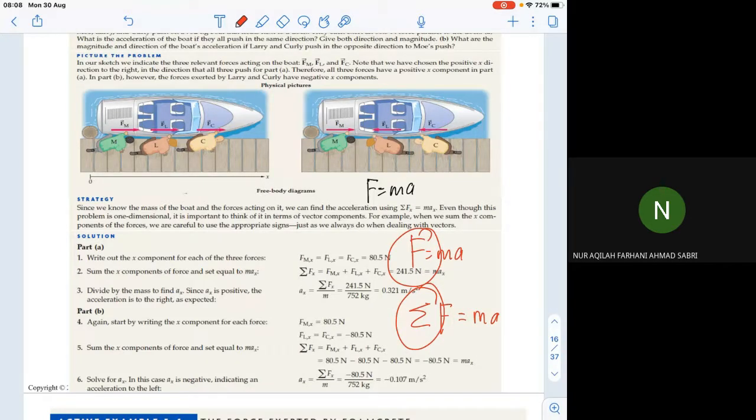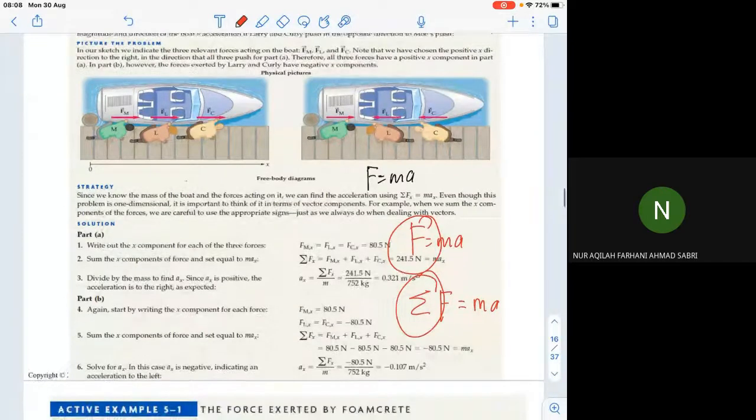That means we need to add every force involved. For example, we consider every force in the x-axis, and if we are dealing with the y-axis, we also need to include the y-axis together.